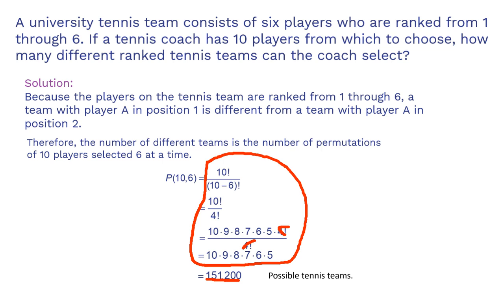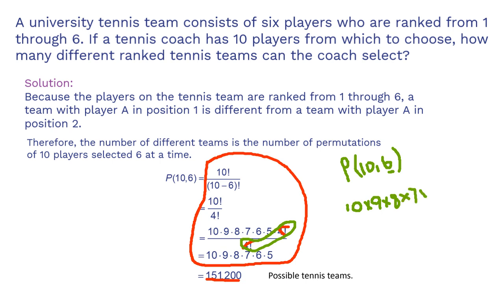Whenever you see P of 10, 6, because these are going to cancel, we would just use this number to multiply down 6 numbers. So we would get 10 times 9 times 8 times 7 times 6 times 5.